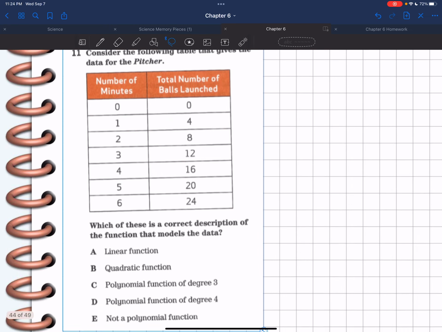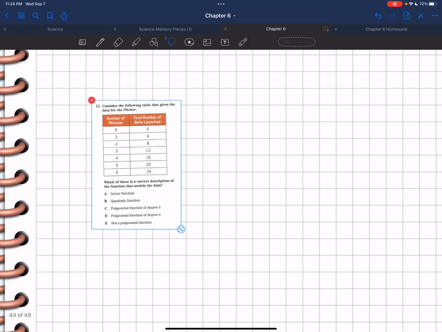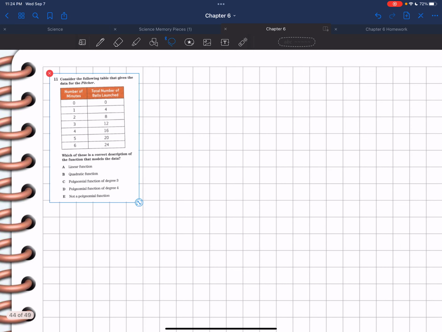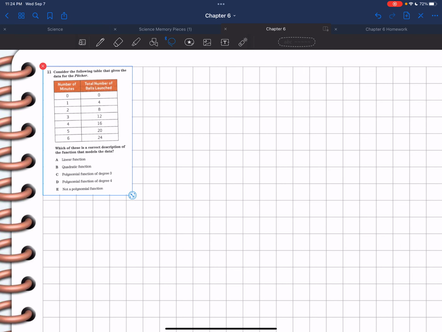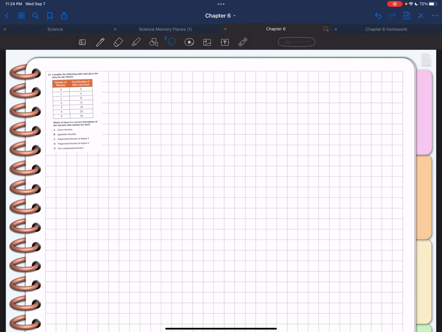All right, so we're going to have to set up one of those infernal tables where we find the consecutive differences. Now, this could potentially go all the way out to level 4 because that is one of my choices. I don't think it will, but I've been wrong before.